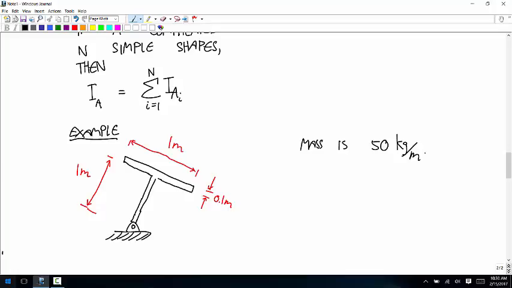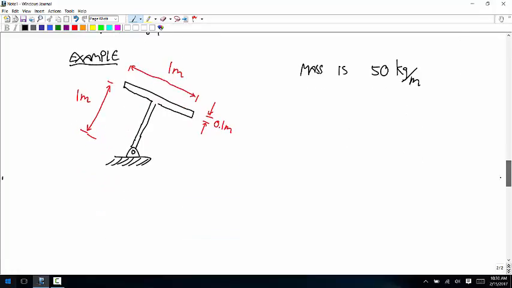And altogether, it has a mass of 100. And we want to calculate the moment of inertia about the pin.